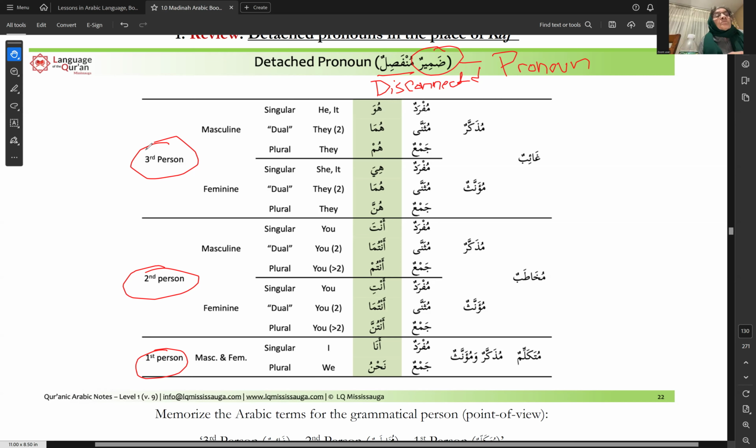So the way that this list is breaking it down is you have the masculine in the first third, and then you have the feminine that follows those. The ana and the nahnu don't have specific genders. Anyone can use those words. So we covered all of these already. Quick review. Huwa, he is or it is.